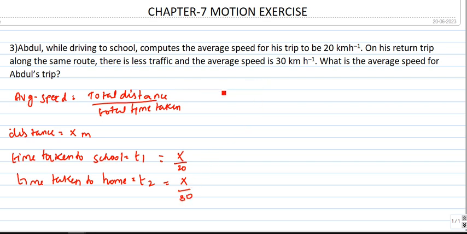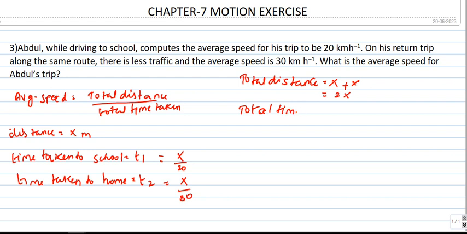So for finding this average speed, we have to know the total distance. Total distance will be equal to x plus x, which is 2x.